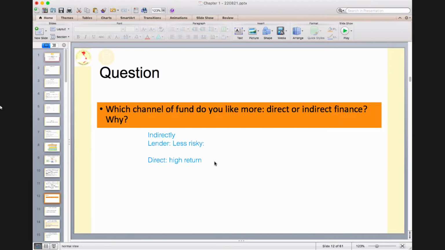So thank all of you. Today, next we will move to the roles of financial institutions: how the financial institution, the financial intermediary, can reduce the risk to the parties.